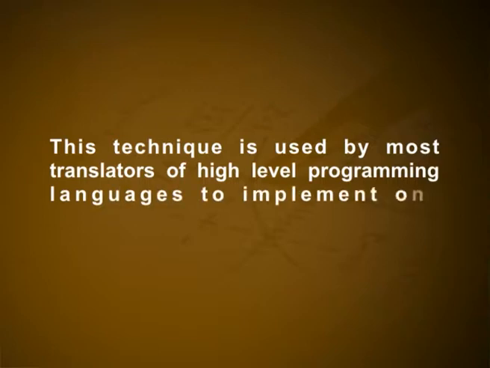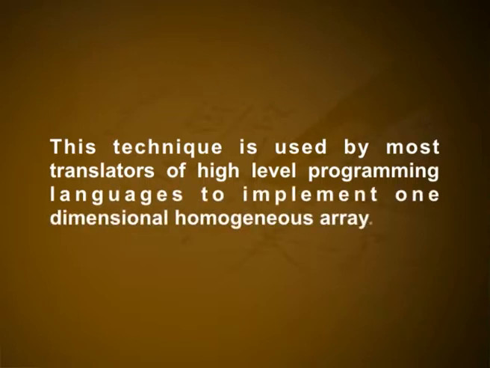This technique is used by most translators of high-level programming languages to implement a one-dimensional homogeneous array. When a statement like int number[25] is encountered by a translator, it will arrange 25 consecutive memory cells to be occupied. Hence, the statement number[5] = 40 instructs the number 40 to be placed in the array at the 5th position.